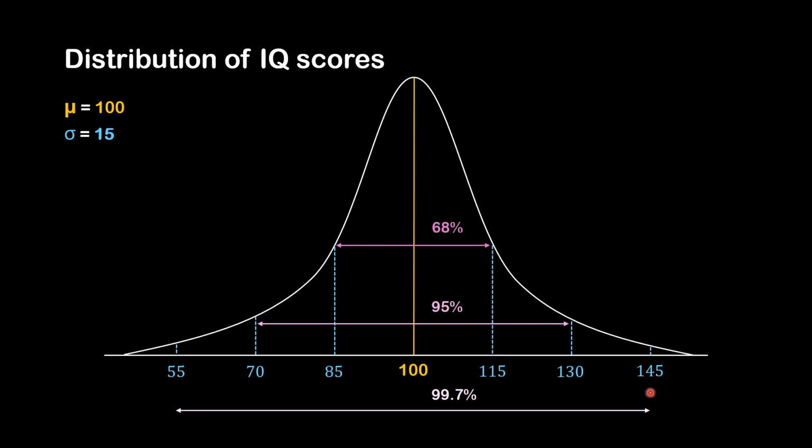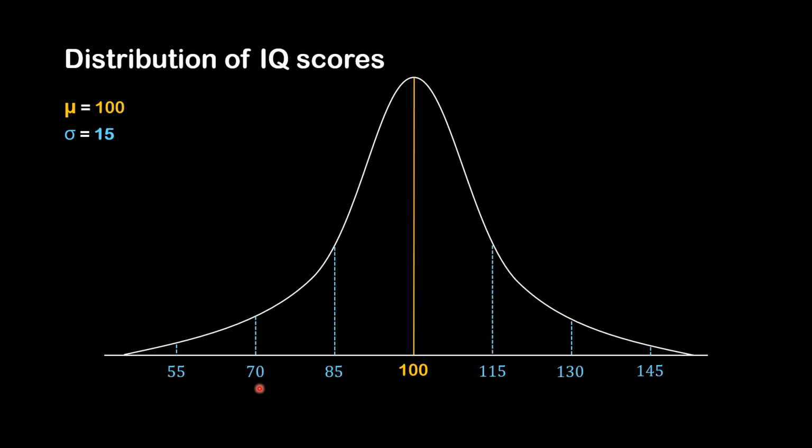And from this, we can also infer that the probability of someone having an IQ score less than 70, so in this area, is 2.5%, and the probability of observing someone with an IQ score above 130, so in this area, is also 2.5%.